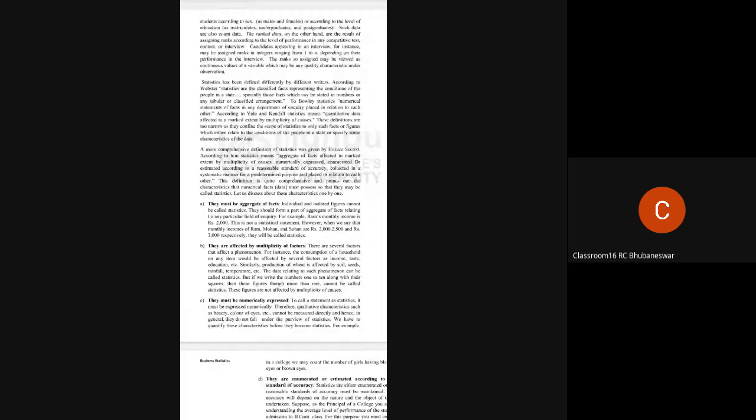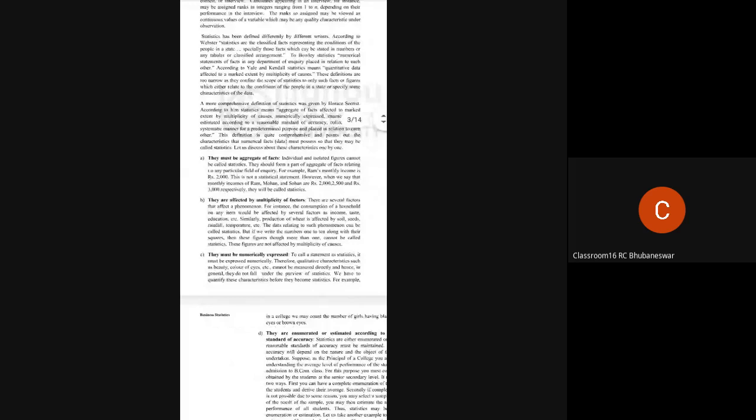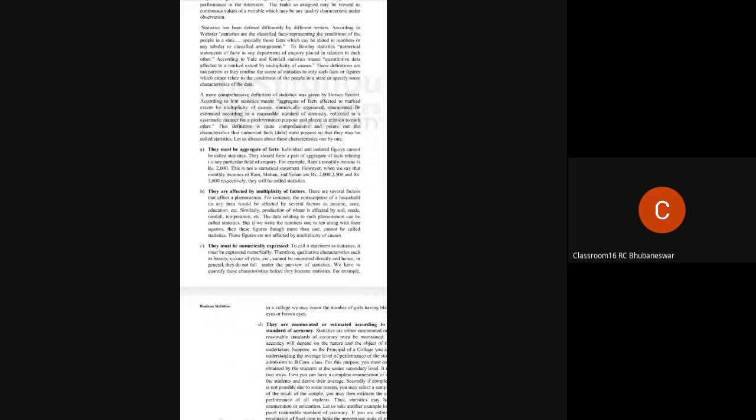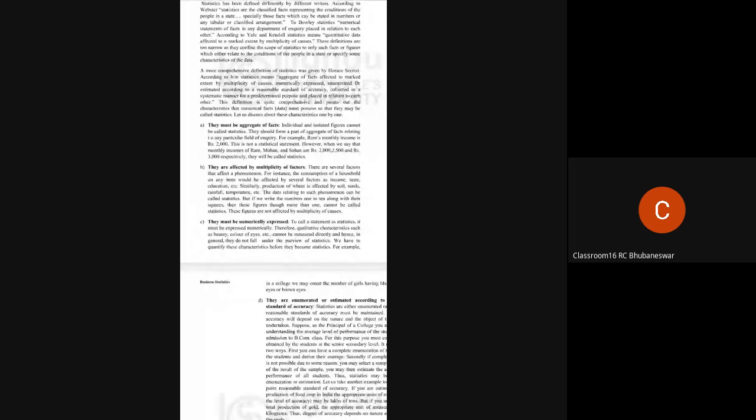Like the production of wheat or crops can be affected by soil, seed, rainfall, temperature. So whatever quantitative data is collected, it is affected by at least one factor or more.